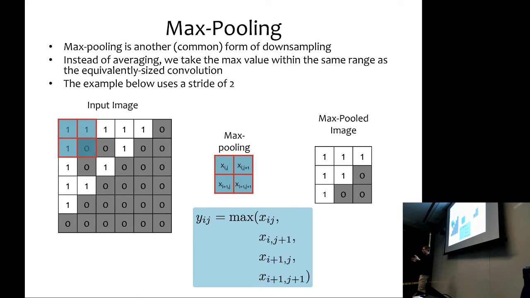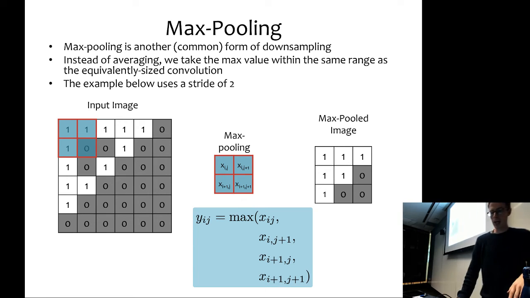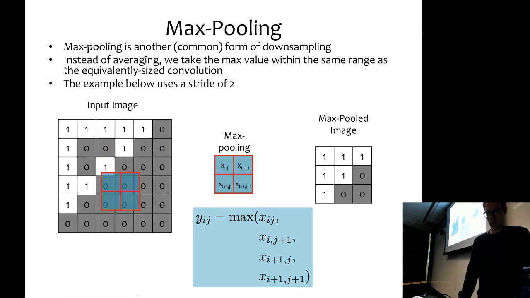So this doesn't correspond to any particular assignment of values in a convolution matrix, so it requires its own name. This really is a different function than a convolution, but structurally it behaves in the same way, where we slide this maxing layer over the top to get back a max pooled image.